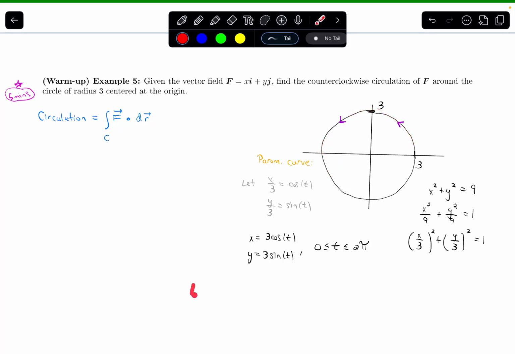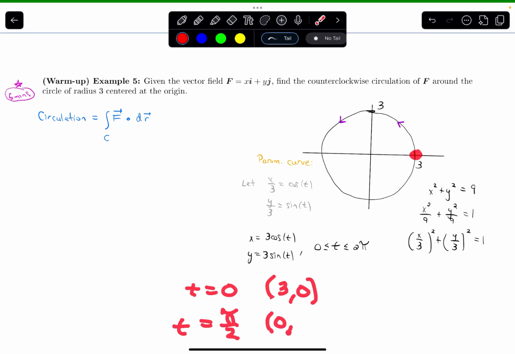If you plug in t equals 0 into the parameterization, you get that x is 3 and y is 0, which puts us here. If you plug in t equals pi over 2, you get the point 0 for x, 3 for y, so that puts you up top. And if you plugged in points in the middle, between 0 and pi over 2, you're somewhere here. So overall, this does seem to be traveling in this counterclockwise direction.